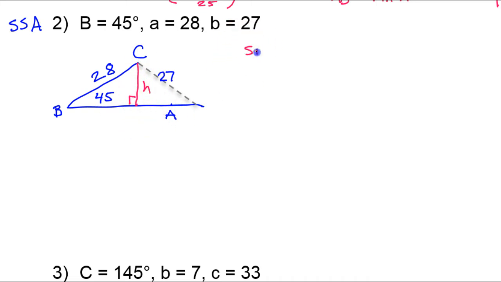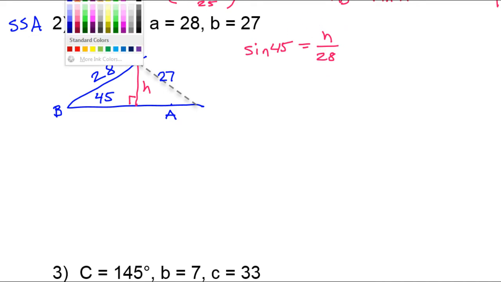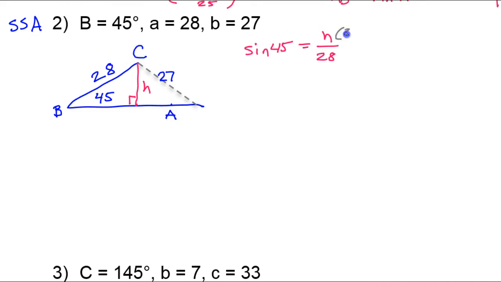The sine of 45 degrees would equal opposite over hypotenuse, so that would be H over 28. If I multiply both sides by 28, these will cancel out. That's going to give me the height.